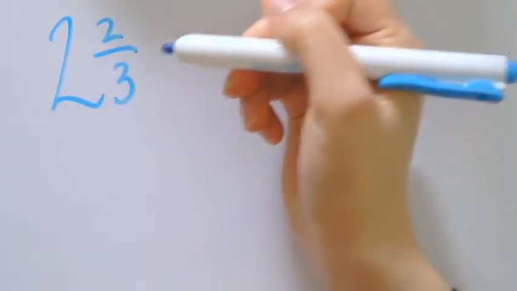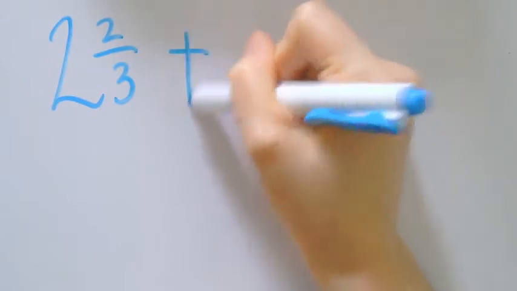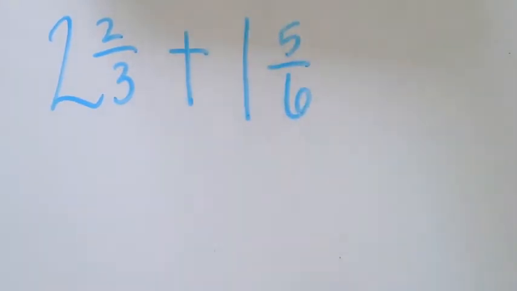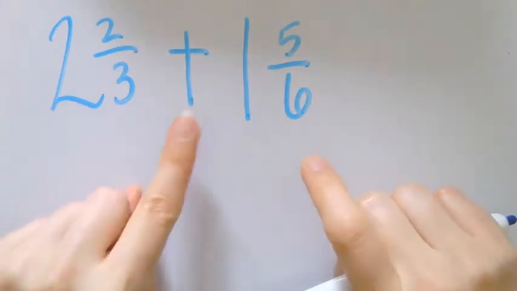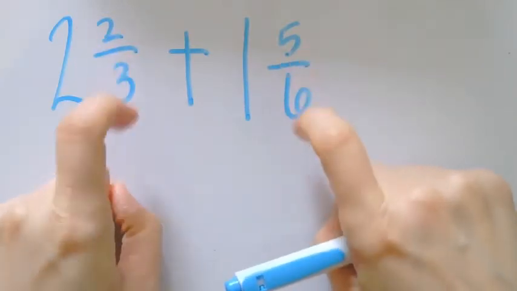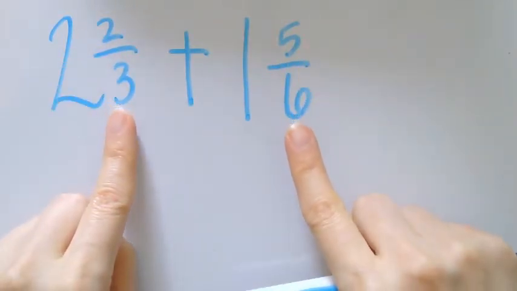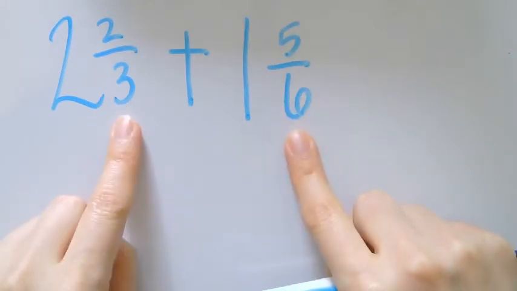If we take 2 2/3 and 1 5/6 to add, can we add them just as they are right now? No. Why not? Because we're adding something that has a fraction and we need to have a common denominator.